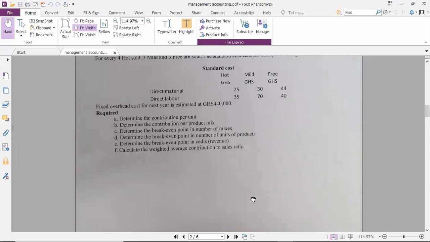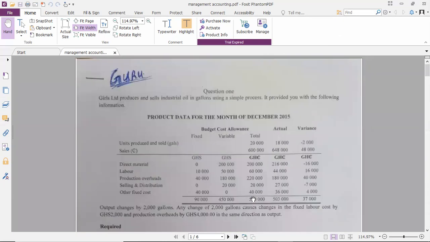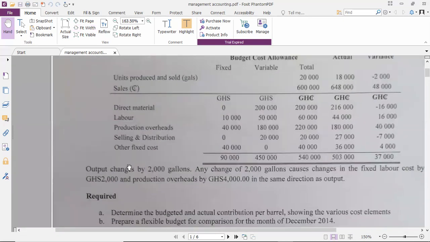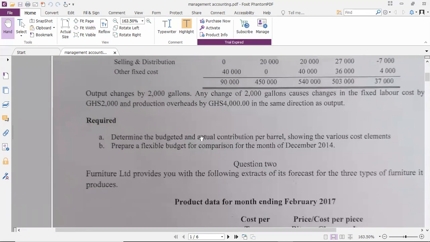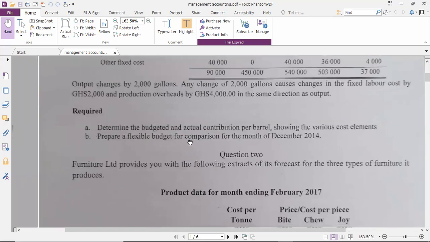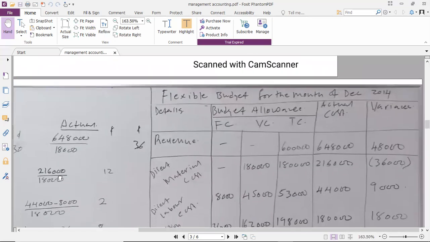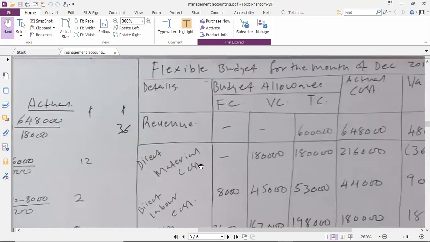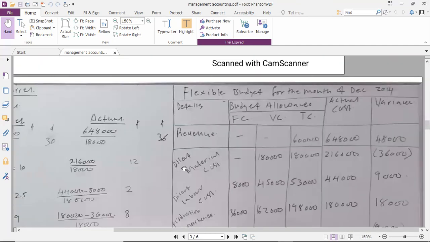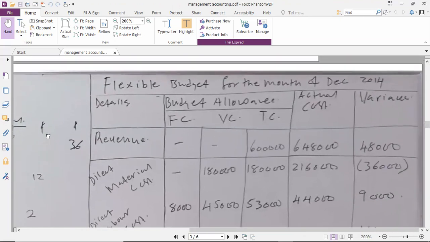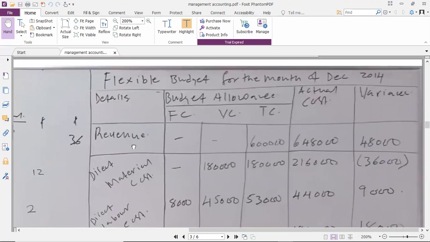The B part of the question was telling you that you should prepare a flexible budget for comparison for the month of December 2014. And so therefore, in an attempt to prepare the flexible budget, your flexible budget is going to look like this.